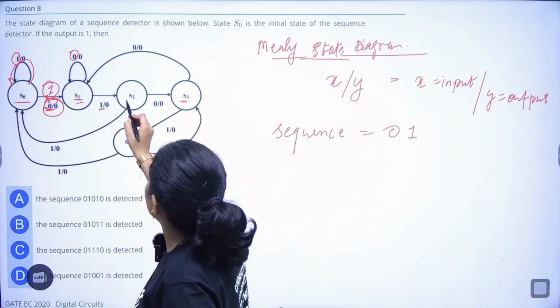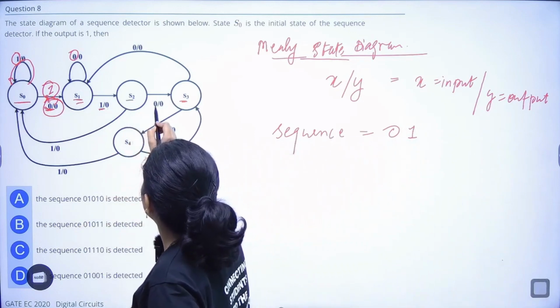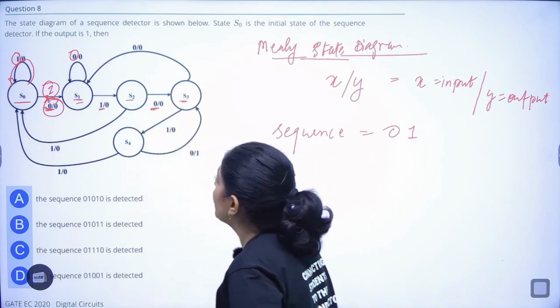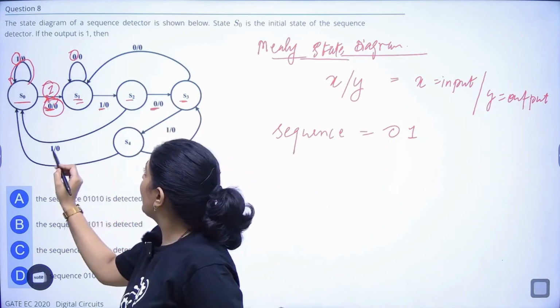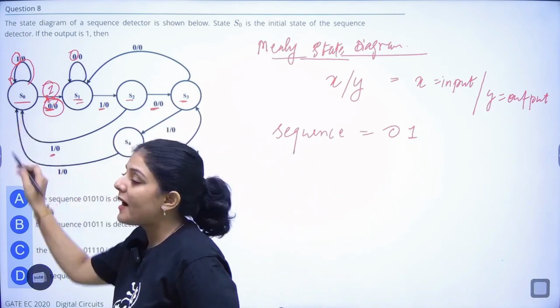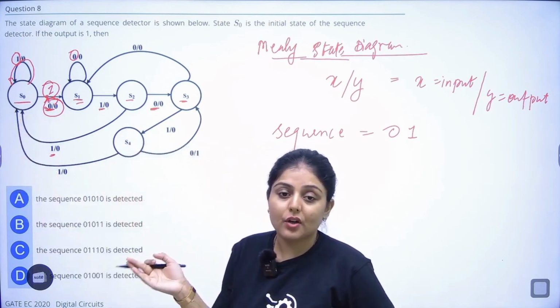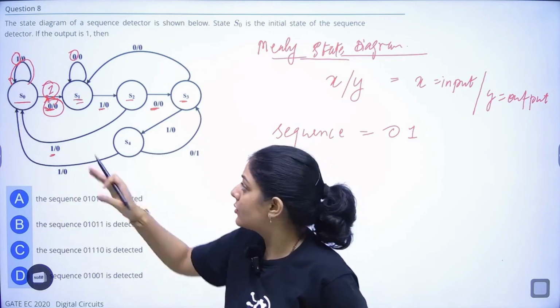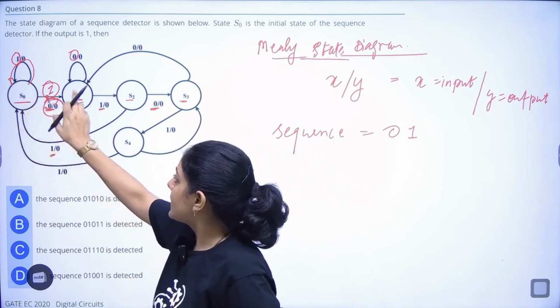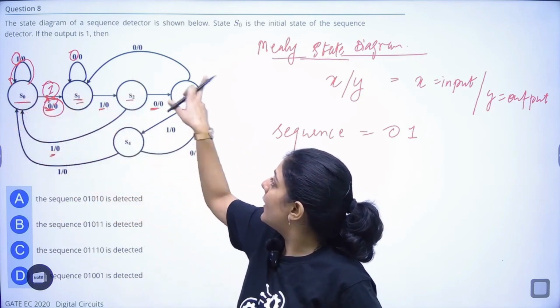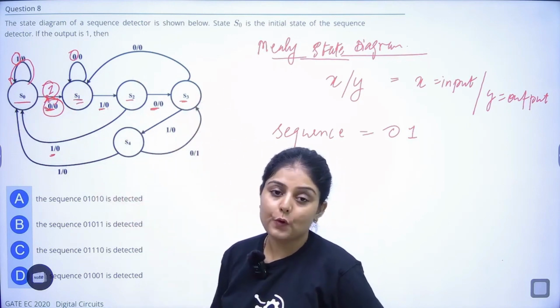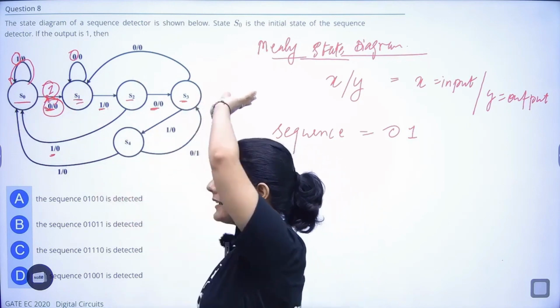Again S2. In S2 we have two movements. When S2 is given 1, it will move back to S0. So this will go to the preceding state only. This is not required. We have to move to the next state. So these are the movements of the next state: S0 to S1, S1 to S2, S2 to S3, S3 to S4. We have to move to the next state, not the previous.